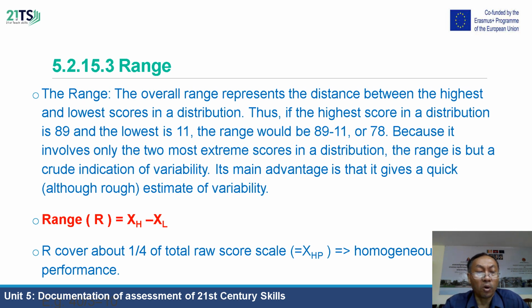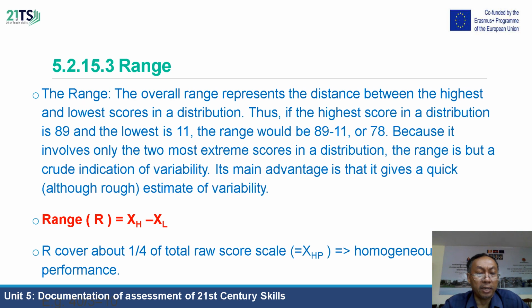Because it involves only the two most extreme scores in the distribution, the range is but a crude indication of variability. Its main advantage is that it gives a quick, rough estimate of variability.